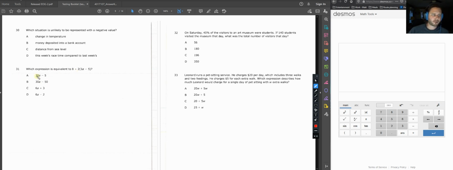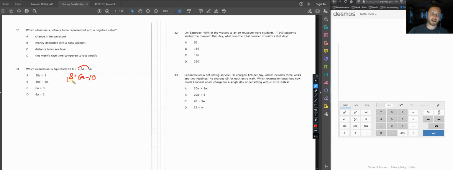So for number 31, which expression is equivalent to 8 plus 2 parentheses 3a plus minus 5? So what we're going to do is start with distributive property. So carry down the 8, but we did do 2 times 3a, which is now 6a, and 2 times minus 5, which is now minus 10.